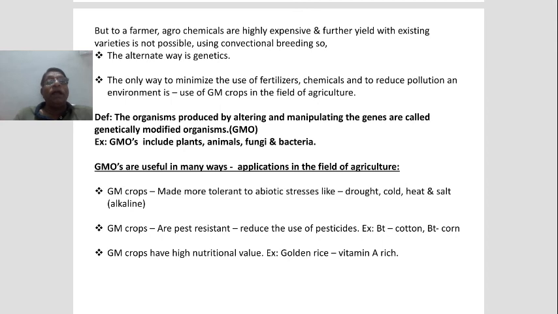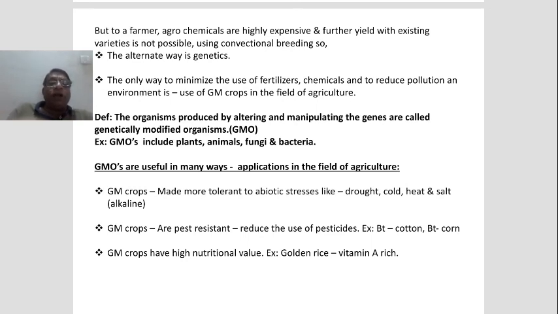E. coli bacteria is modified to produce insulin. So GMOs are useful in many ways. Now we shall see the applications in the field of agriculture.